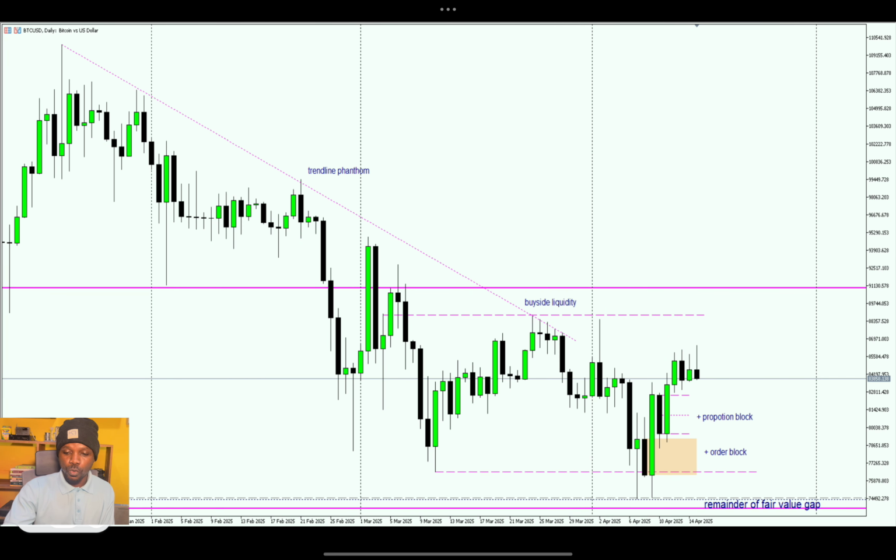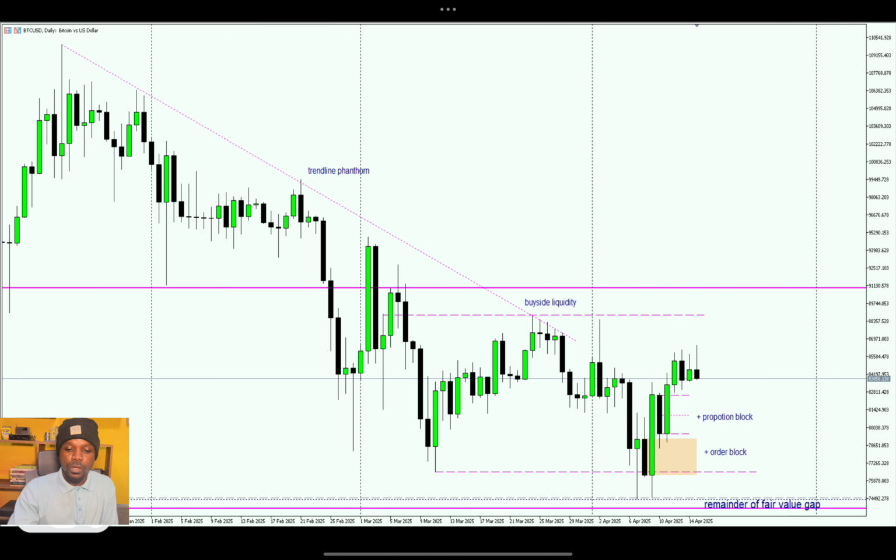Now I put some scenarios in here why we would want to see that propulsion block propel price to go up higher. We could see that there is more buy side liquidity resting up there that price necessarily needs to go and hunt.